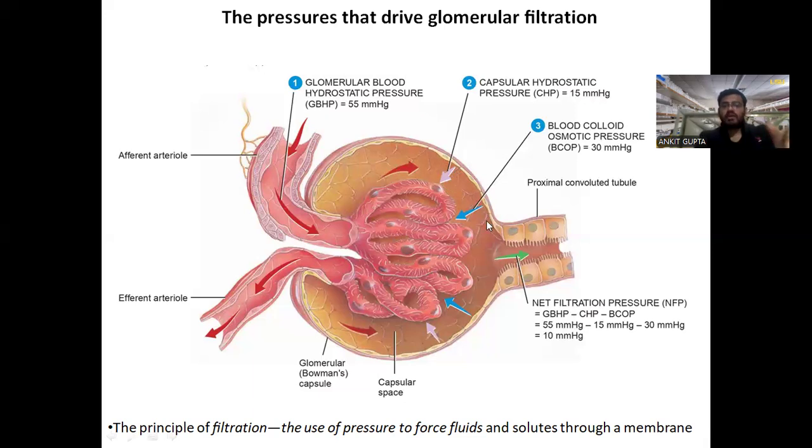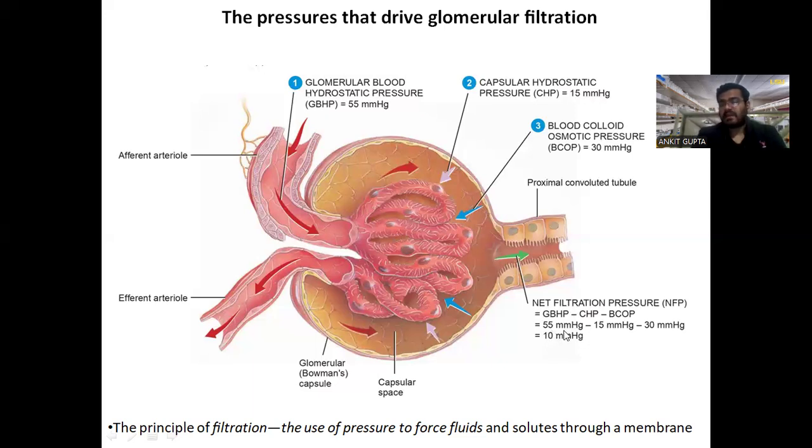So altogether, these three pressures, when we see over here, the net filtration pressure is the actual pressure due to which the filtration is occurring. So ultimately, the net filtration pressure is 10 mmHg.